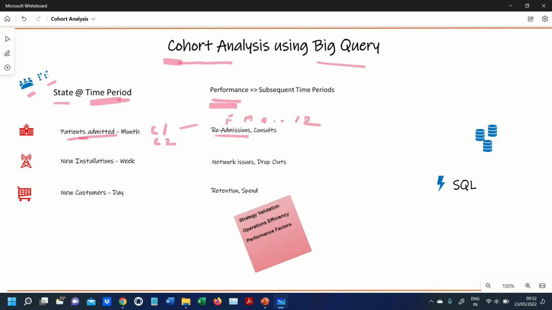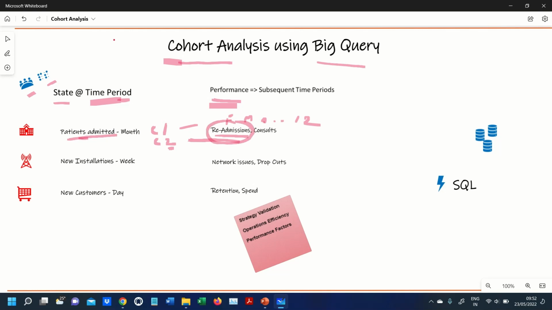Likewise, from the cohort who got admitted to hospital in the month of February, the subsequent months are March, April, May, like that. This is the performance indicator the business wants to measure.